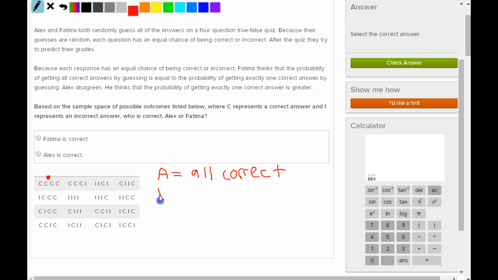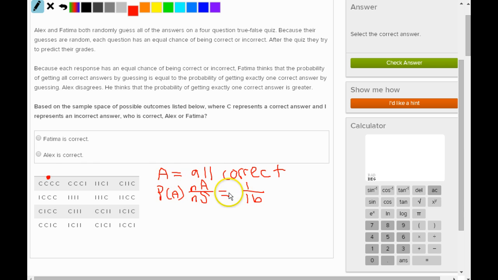So remember, the probability of A is given as the number of elements in A over the number of elements in the set, right? And that's equal to, we have 1 in A, and there are 1, 2, 3, 4, 5, 6, 7, 8, 9, 10, 11, 12, 13, 14, 15, 16, so we have 1 out of 16.